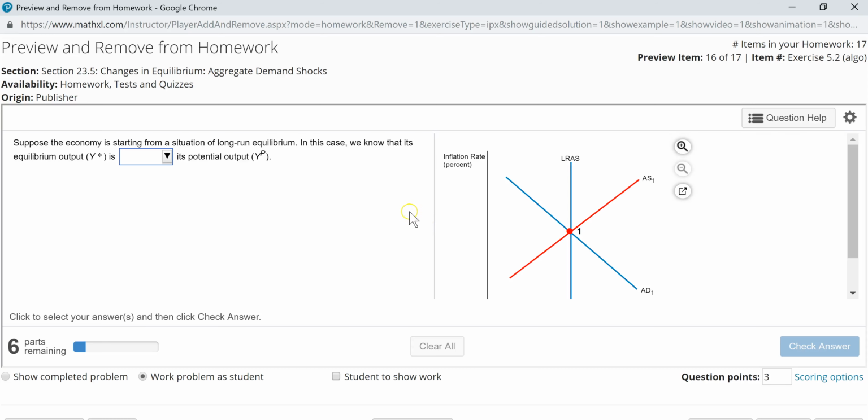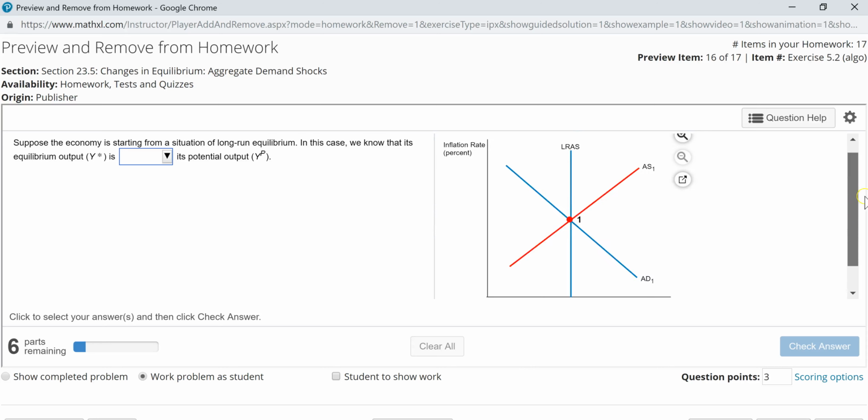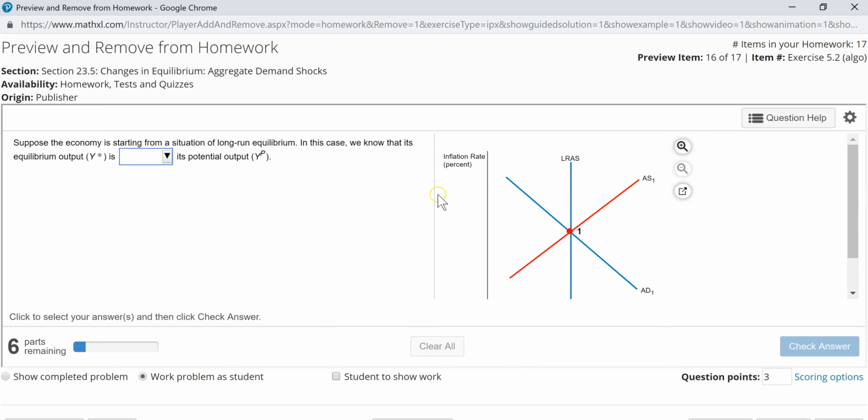This is question number 16 of homework 11 for chapter 23. Suppose the economy is starting from a situation of long-run equilibrium. So here is point 1, I guess that's the long-run equilibrium.